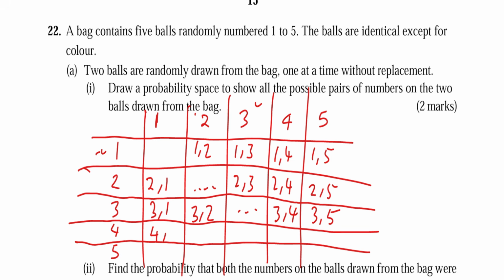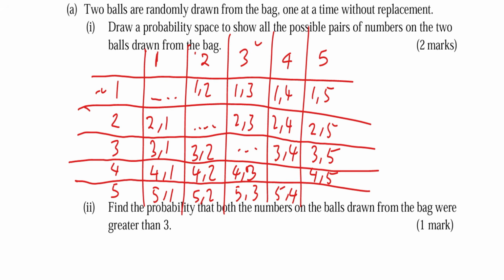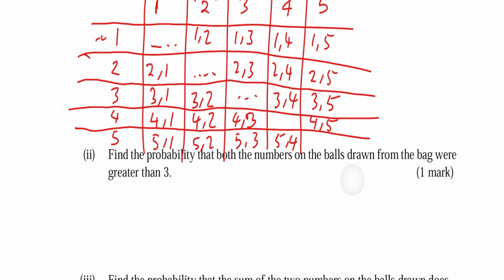We have 4,1, 4,2, 4,3, but we don't have 4,4, but we have 4,5. Again, 5,1, 5,2, 5,3, 5,4, but we don't have 5,5. So you've already got 2 marks. You can make it that way, that's just enough. So that's the probability space.